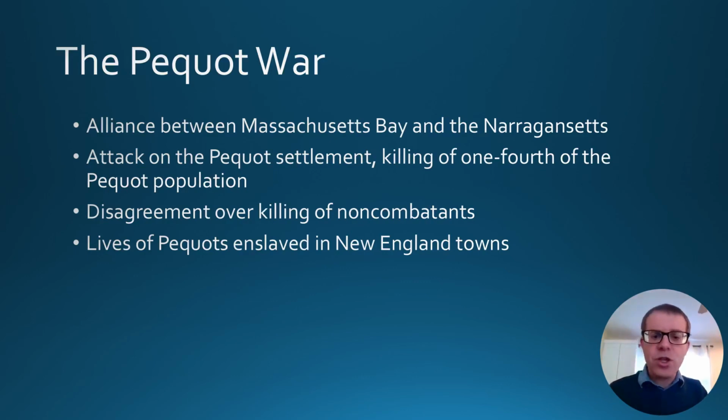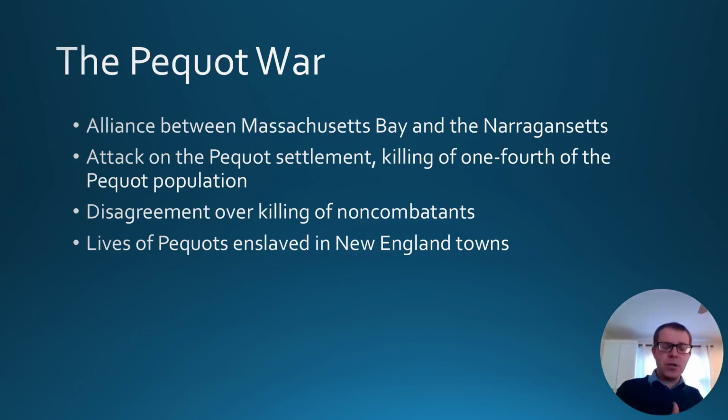Whereas the English support attacking Pequot civilians, and then engaging in mass enslavement of Pequots, not only to use Pequots as slaves within English villages, but also to sell enslaved Pequots to the Caribbean for a profit. And so there's a strong disagreement over the aims of the war.